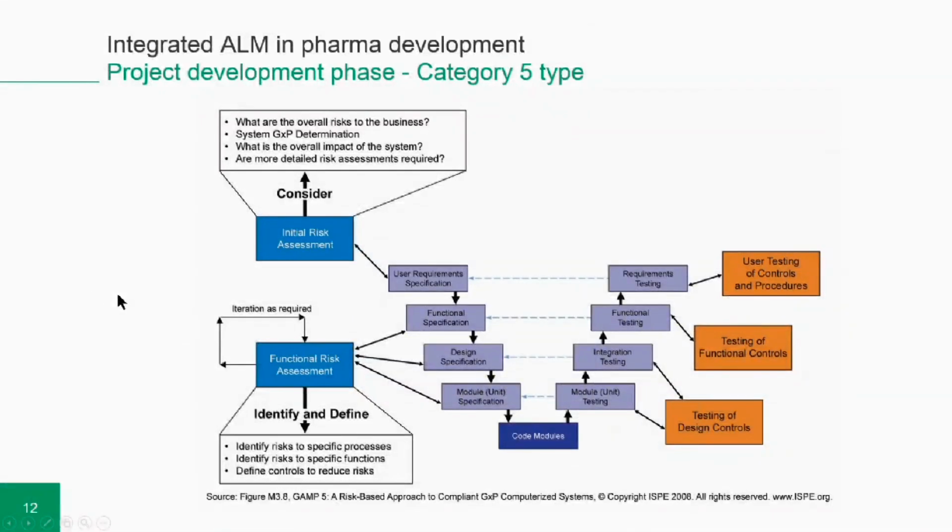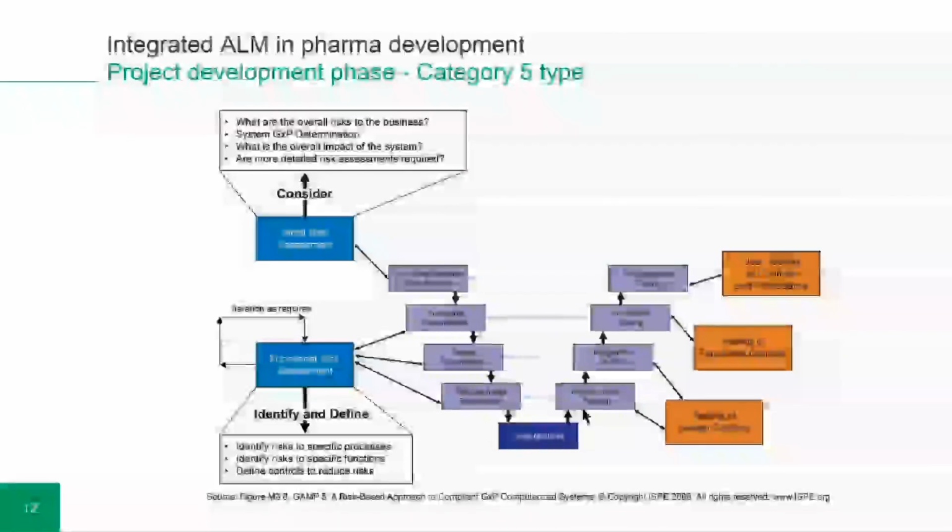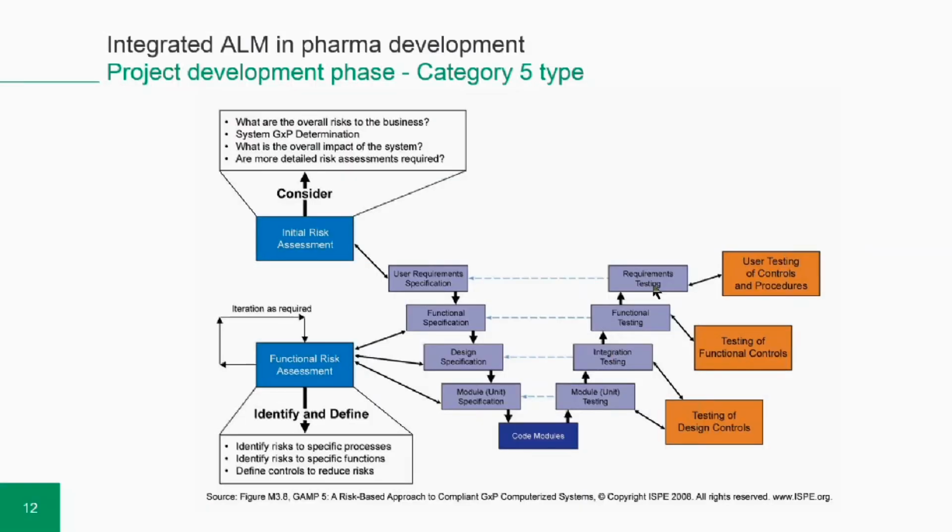The most complex software category is category 5. I have to tell you, in my practice, I always work with systems where we had to create custom software. So category 5 requires the most complex activities, from both the end user and the suppliers. So 4 levels of specification and verification are within the model.